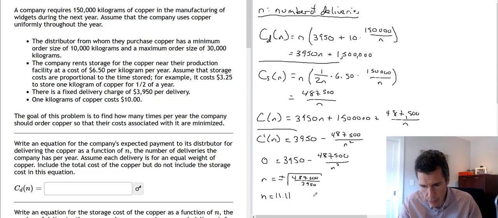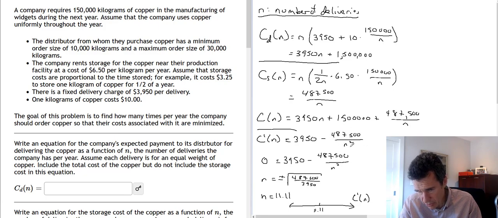Now I am going to look at a number line, probably the easiest way to do this. So that's 11.11. This is the derivative. And we look at a big number. A big number is going to make this smaller, right? 487,500 divided by a big number squared.